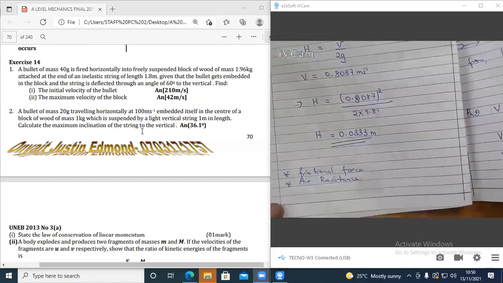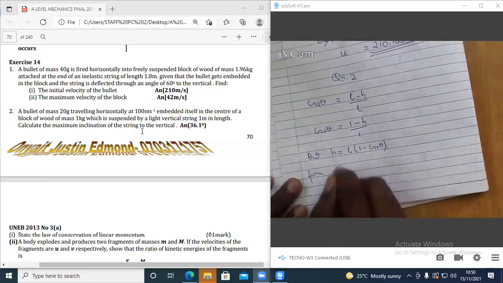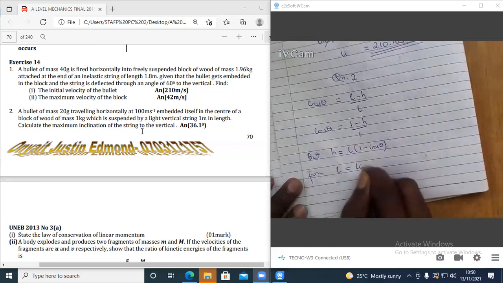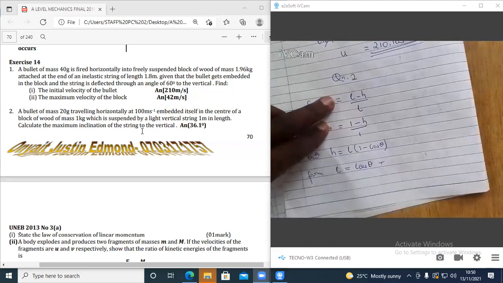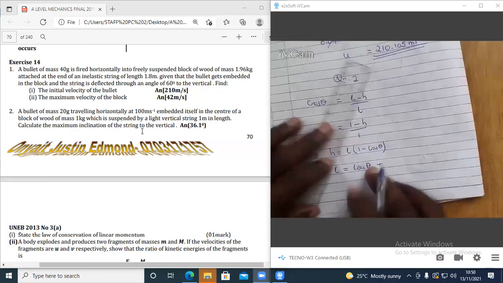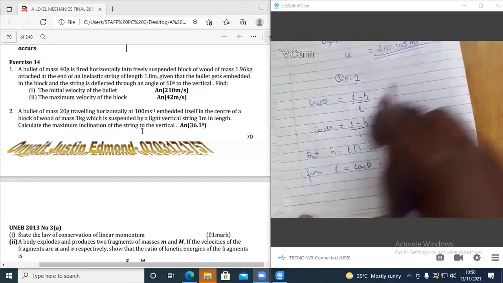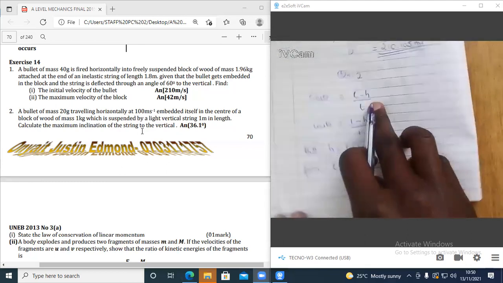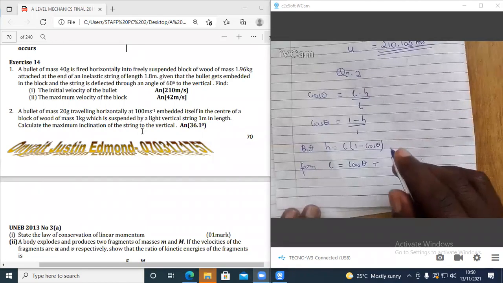So from L equals L cos theta plus h, you find that it will cancel out everything. So this approach will not work, because we don't know the height h. This one is needed when you know the height h.